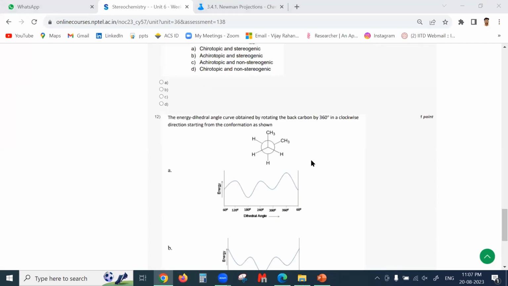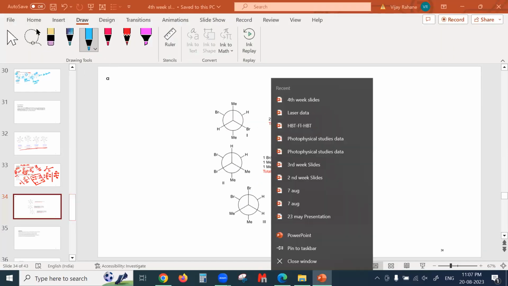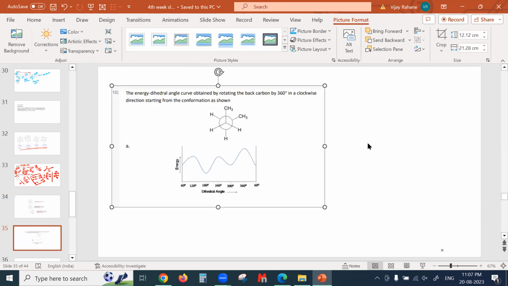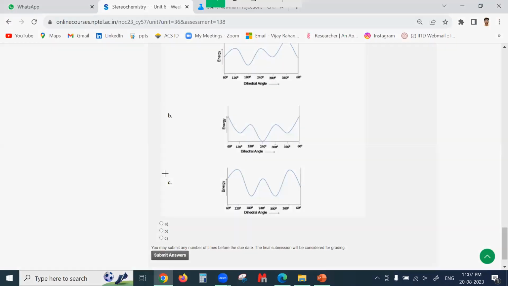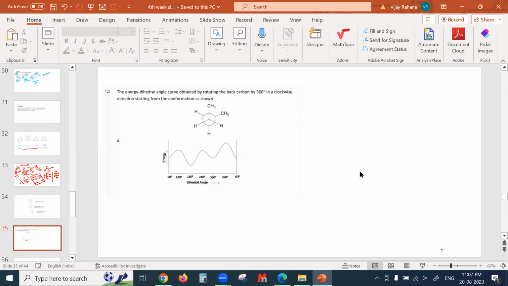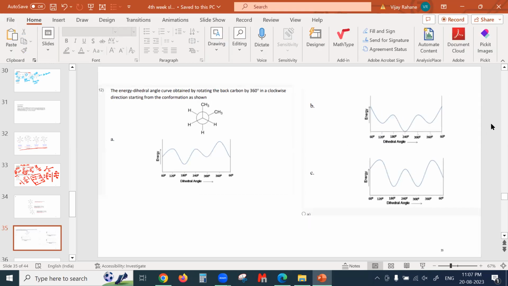All right, so this is the question. The energy dihedral angle curve obtained by rotating the back carbon by 360 degrees in a clockwise direction, starting from the conformation as shown.